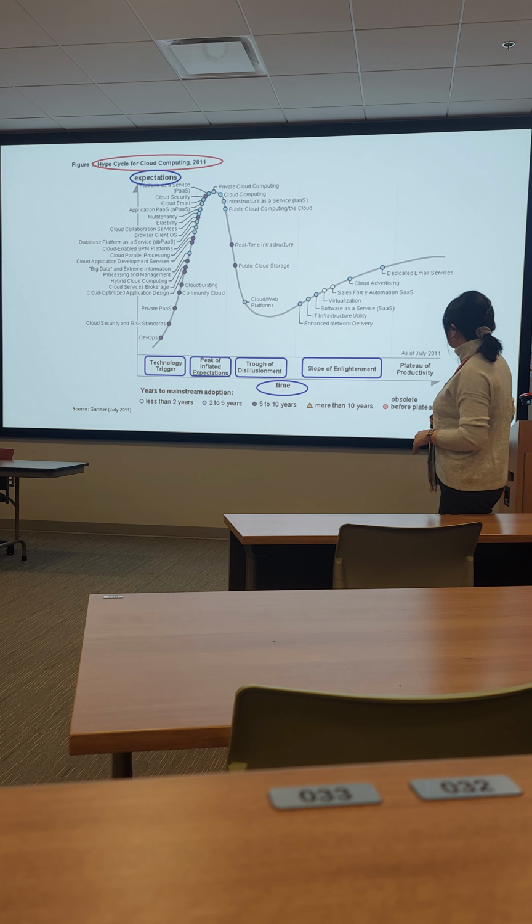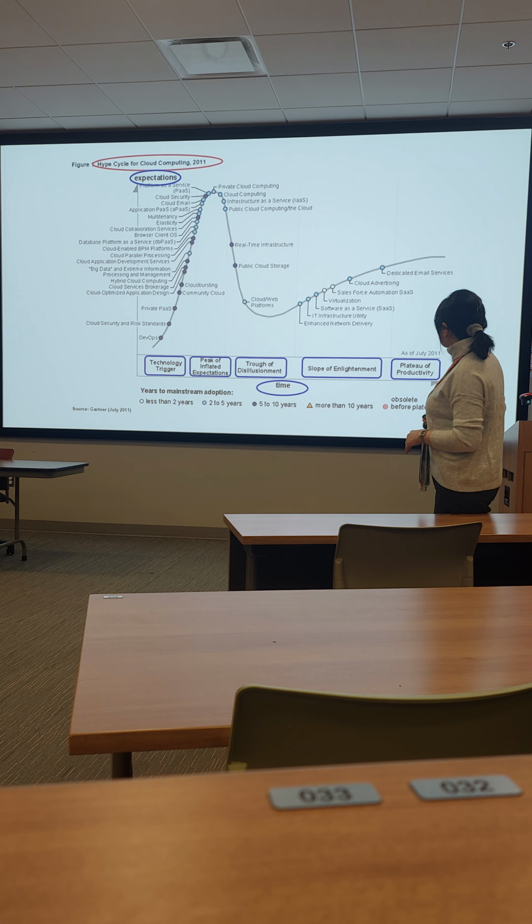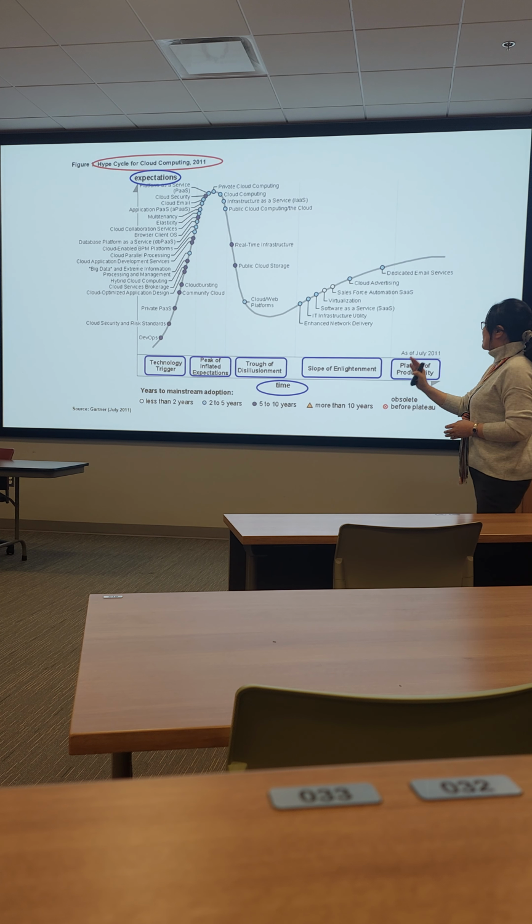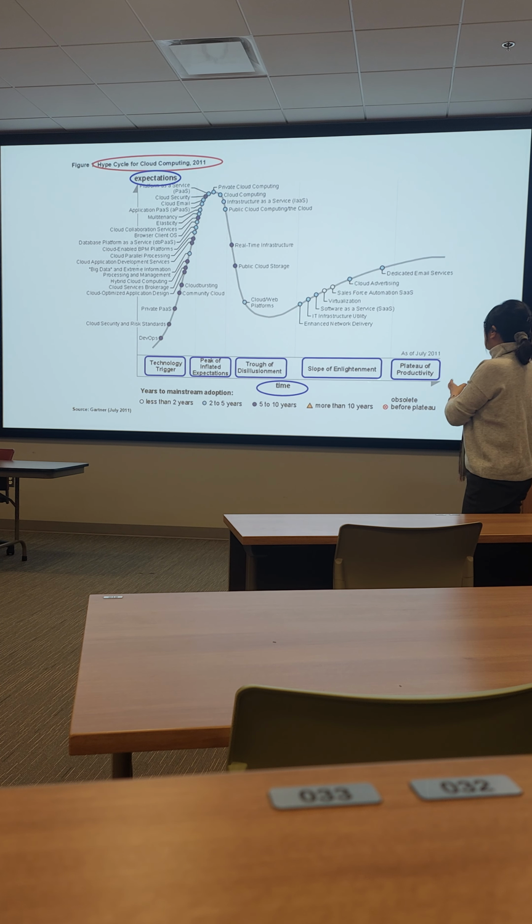Later it goes to the plateau of productivity. So: time, expectation, technology trigger, peak of expectation, trough of disillusionment, slope of enlightenment, plateau of productivity.